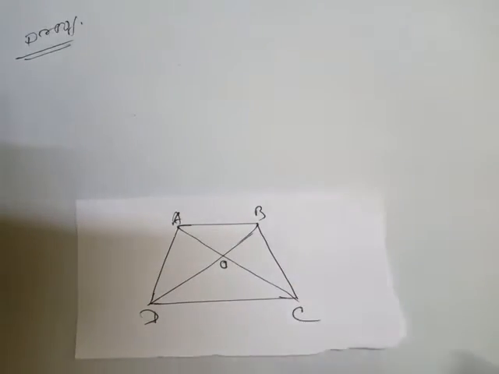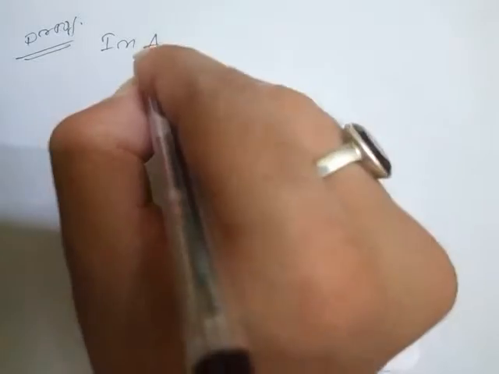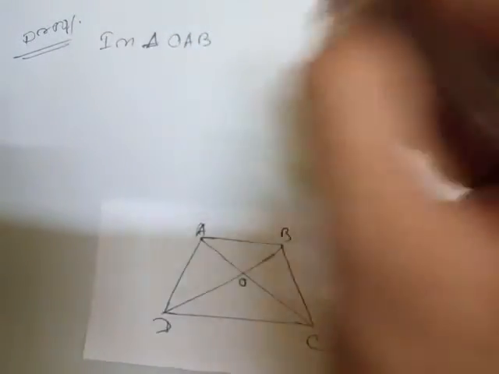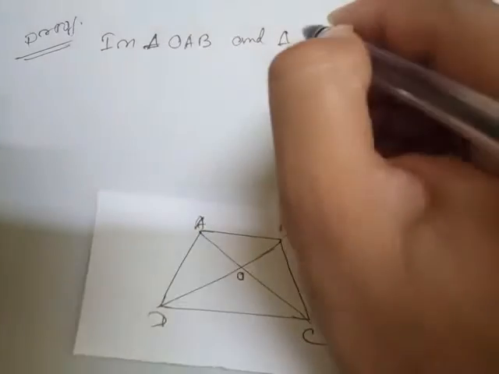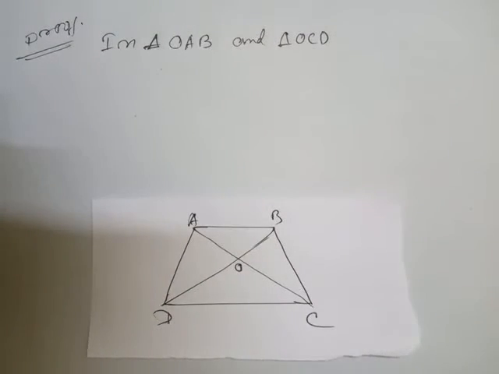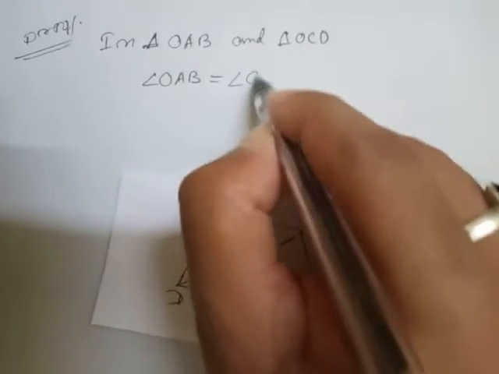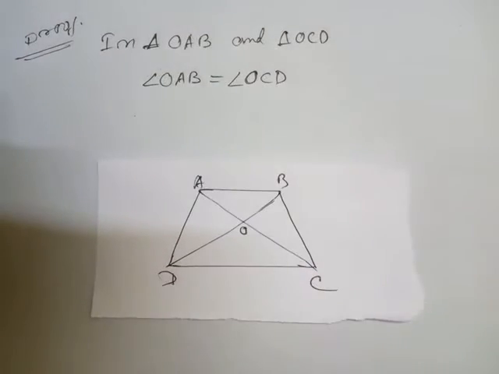Now look student, first of all, in triangle OAB and triangle OCD, angle OAB equals angle OCD. Again I am telling you, angle OAB equals angle OCD.